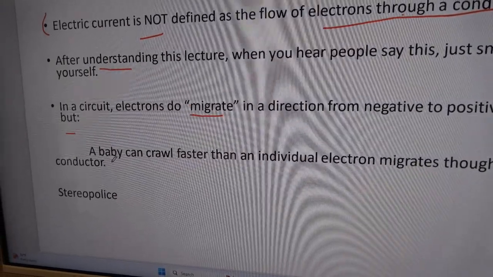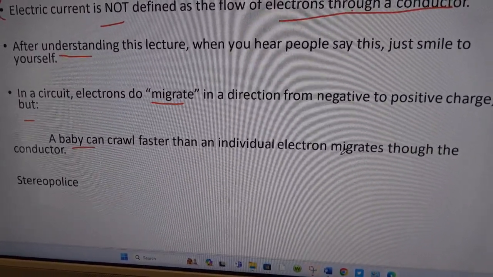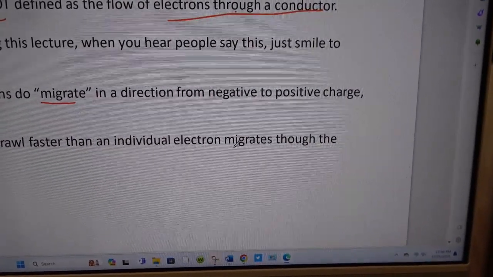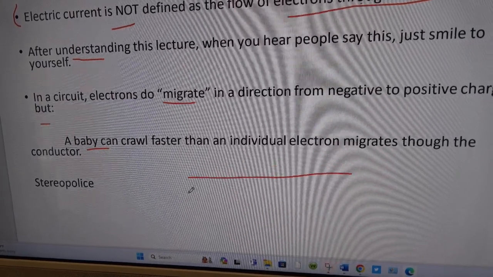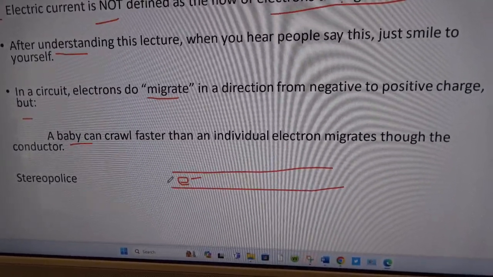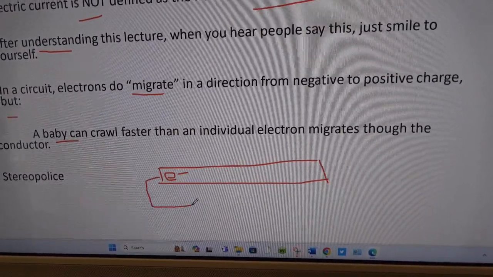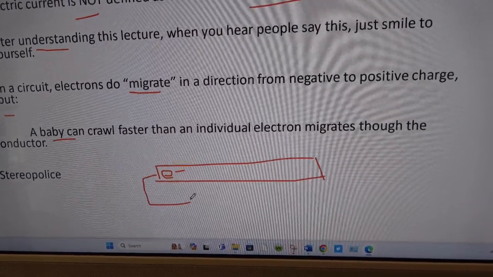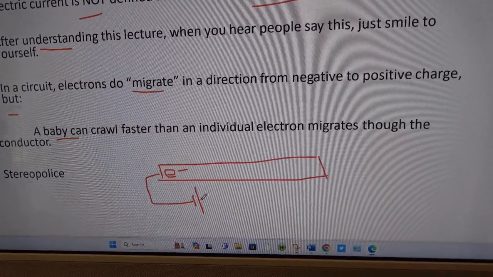But a baby can crawl faster than an individual electron migrates through the conductor. I'm going to draw a conductor here, and a little electron, and then I'm going to put in an electromotive force here.